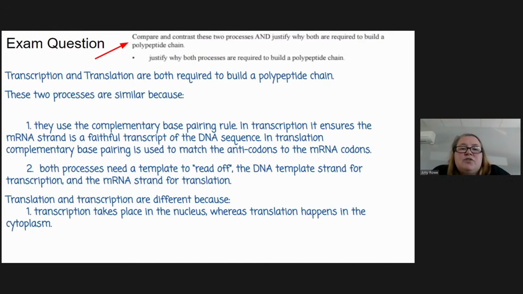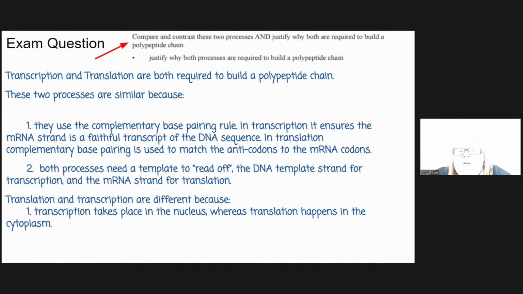So comparing and contrasting transcription and translation. Comparing is finding ways in which they are similar, and contrasting is finding the ways in which they are different. So transcription and translation are both required to build a polypeptide chain. They are similar because they use complementary base pairing rules, and those rules are vital to how they work.